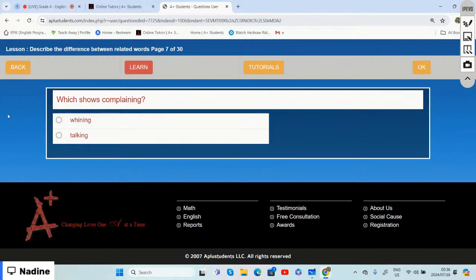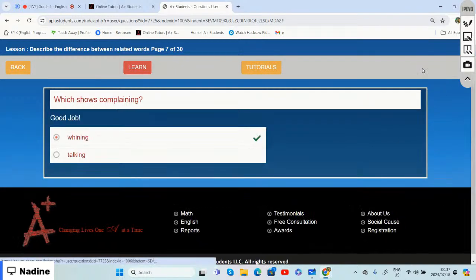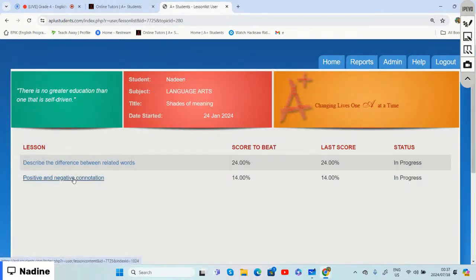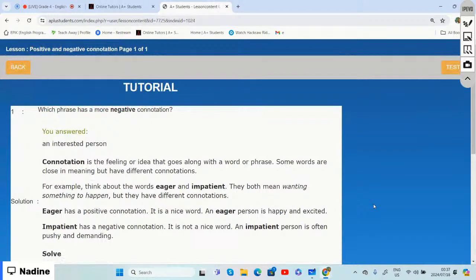All right, and we said something that shows complaining is when you are whining all the time, right? It's like you're repeating words all the time. Okay, so now we're going to positive as well as negative connotations.